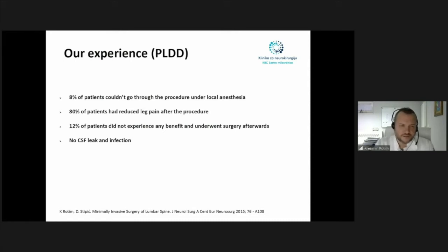After the operation, we did not have any persistent CSF leak. But in those patients that had intraprocedural CSF leak, in some, let's say 5 to 10%, they did experience post-puncture symptoms due to some CSF leak that passed on rest and some caffeine uptake.